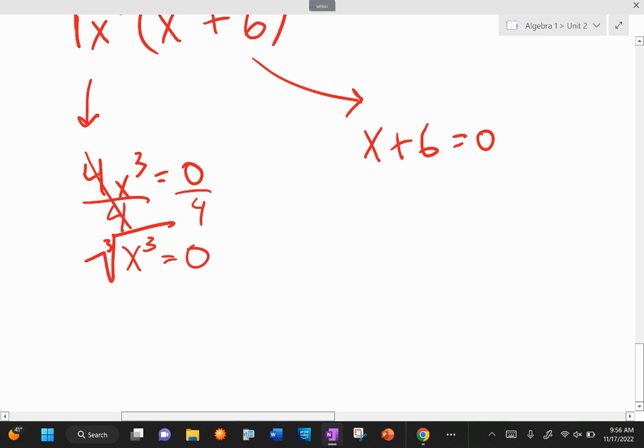And you're going to do that to both sides. So the radical and the 3 will cancel out and just give you x. And the cubed root of 0 is just 0. I'm not going to give you many cubed roots today.